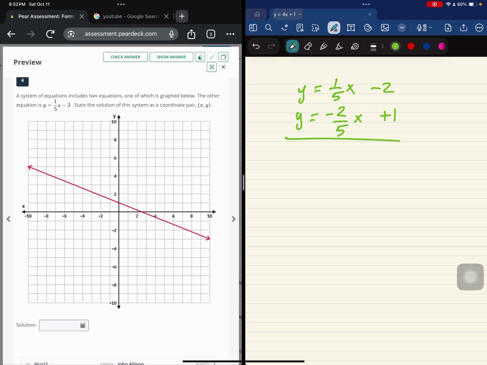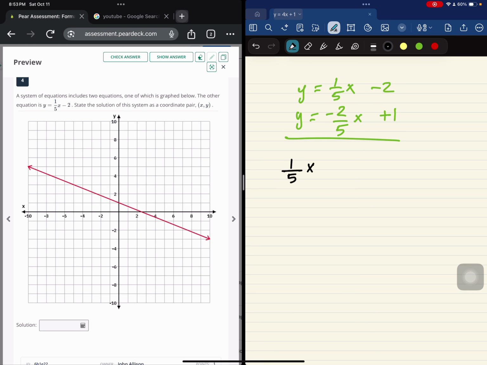Going back to the question, it is asking to state the solution of the system as a coordinate (x, y). To find this solution, we can use the two equations as follows.